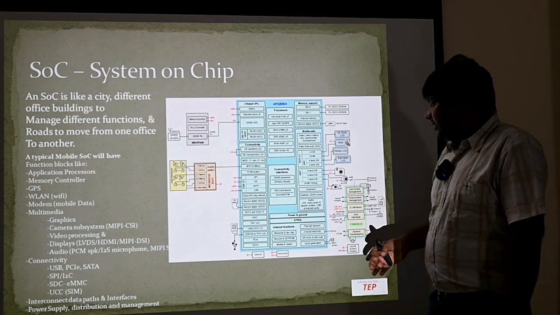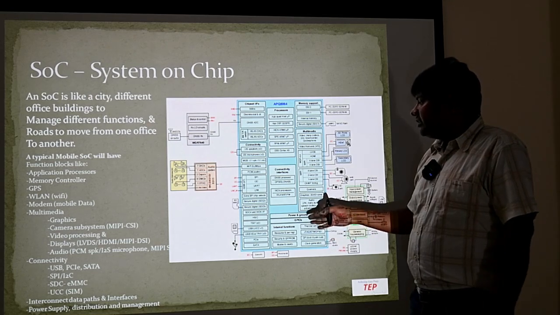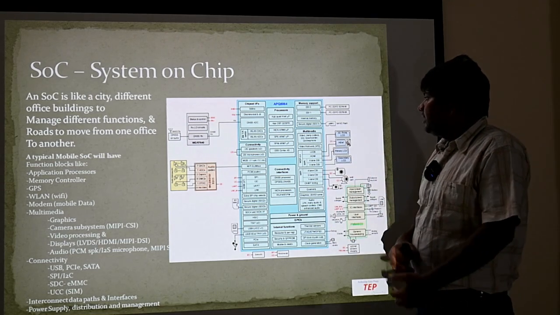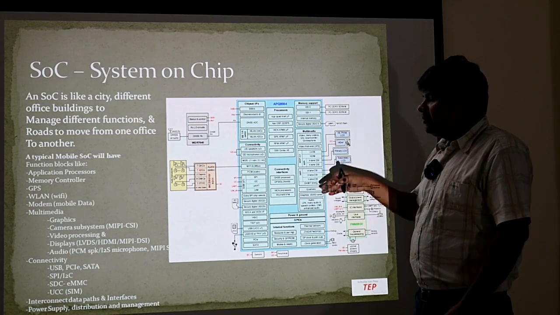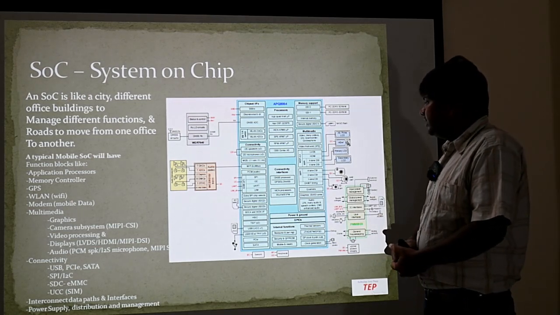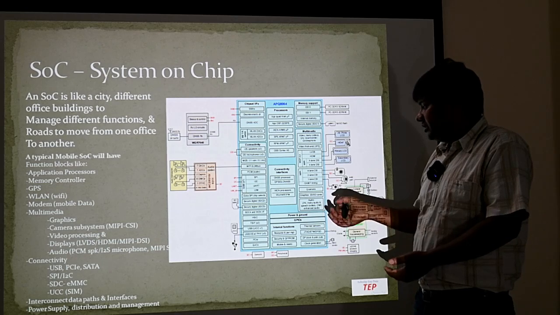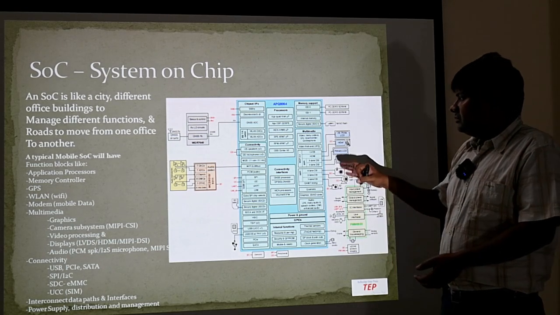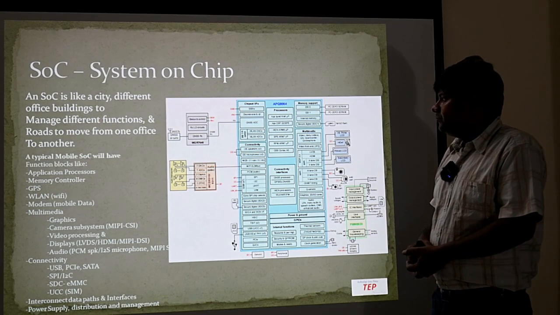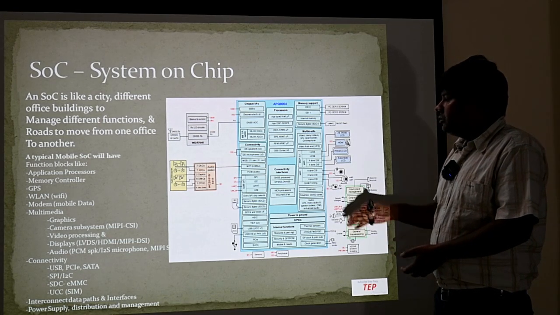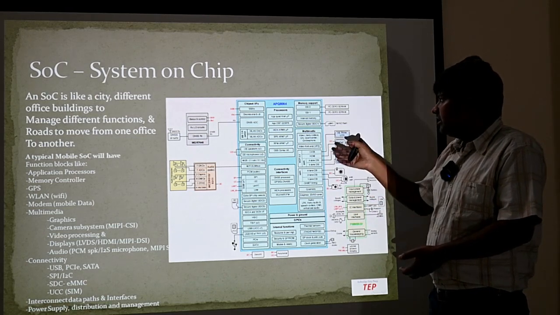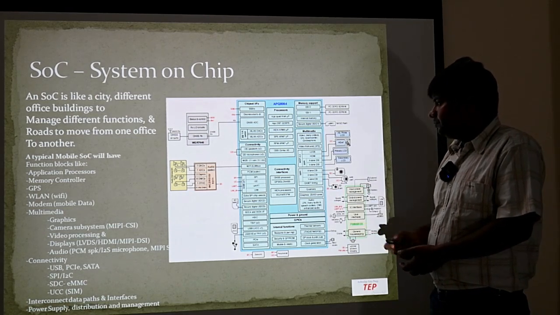There will be some blocks for internal management itself, and there can be an inbuilt modem in a mobile SOC particularly. So there are multiple blocks, mostly digital, and sometimes analog or mixed signal IPs are also there.